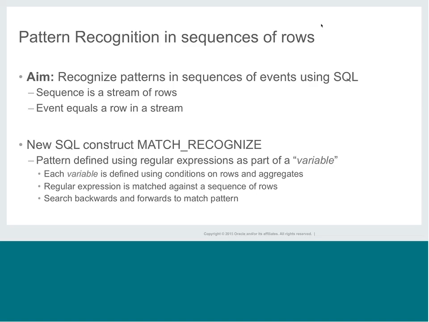We want to compare to previous rows and look forward into future rows and see how that pattern is being identified. And in a similar way to regular expressions, and if you're used to languages like Perl, we have a similar way to define what it is that we're looking for and how we'll search for it.